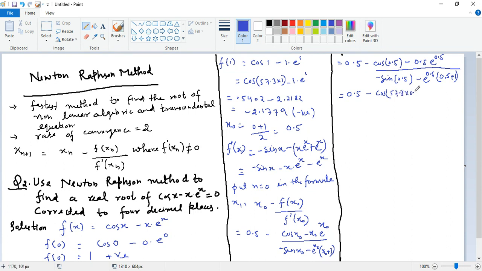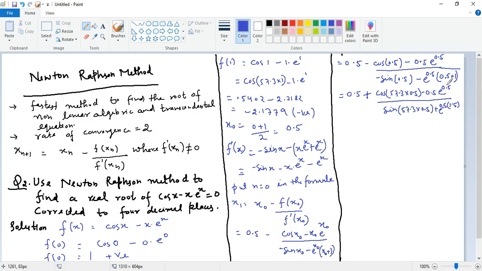57.3 into 0.5 minus 0.5 e to the power 0.5 upon... If we take this minus common, then it will become plus. And we will write here sine 57.3 into 0.5 plus e to the power 0.5 plus 1.